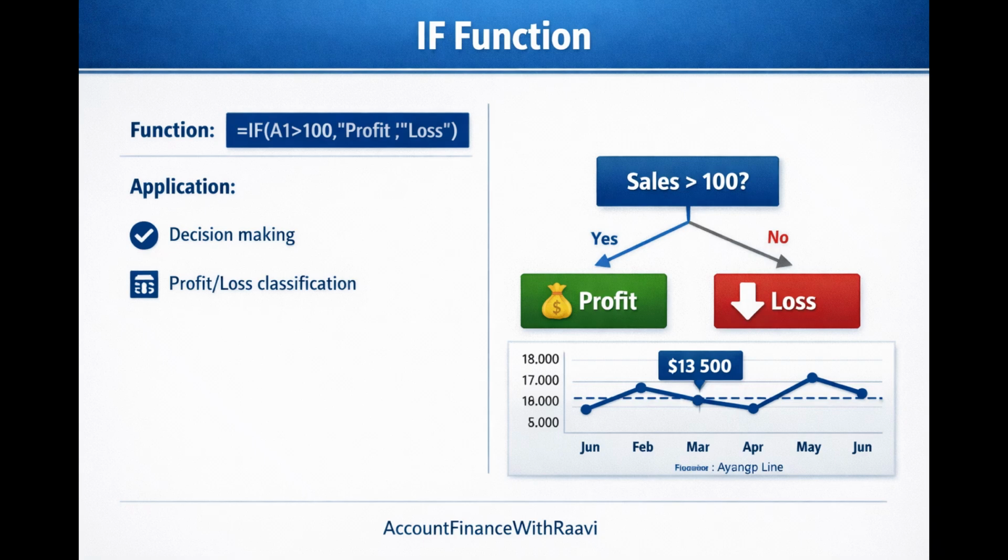Here you can see sales and profit and loss. If the sales is greater than 100, then it is considered as profit, and if the sales is less than 100, then loss. So mainly this IF function is used for making decisions.